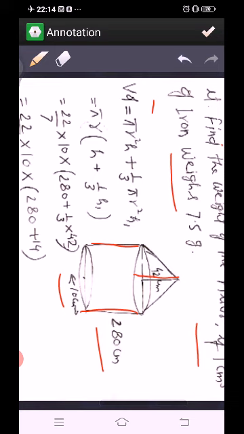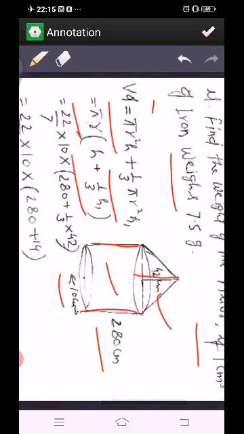So volume of this figure will be volume of this cylindrical part plus volume of this cone. So volume of cylinder will be pi r square h plus volume of cone will be 1 by 3 pi r square h1. R we have taken same because radius for both cone and cylinder are same. Heights are different, so we have taken h and h1. So pi r square common, h plus 1 by 3 h1.